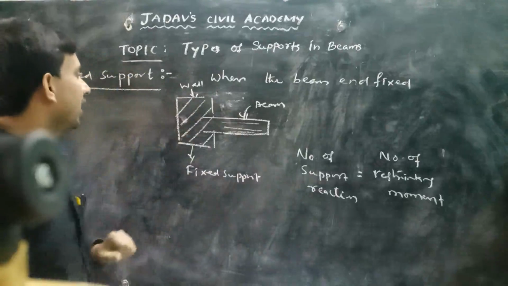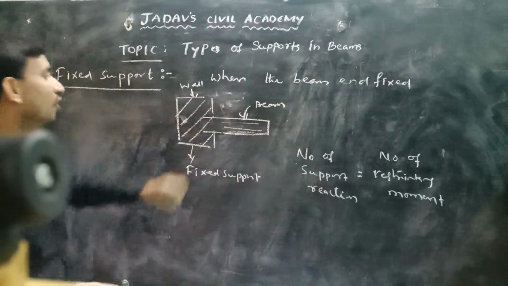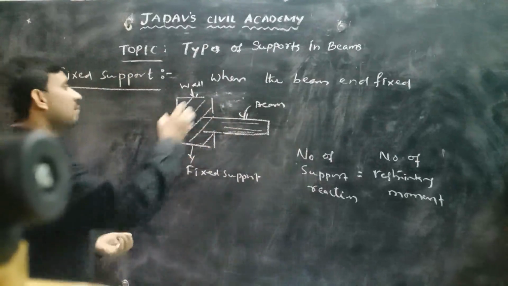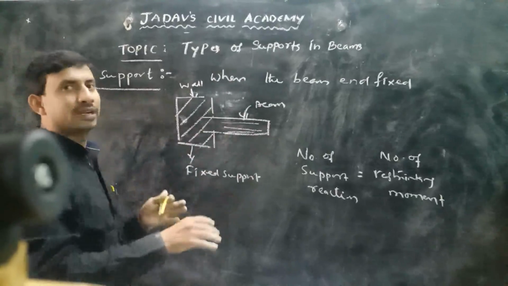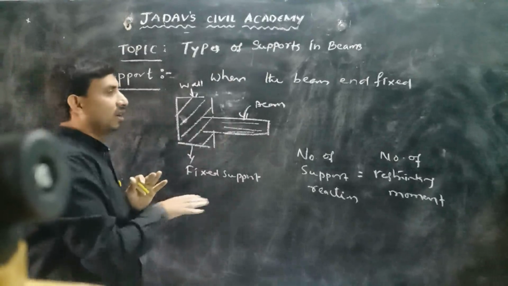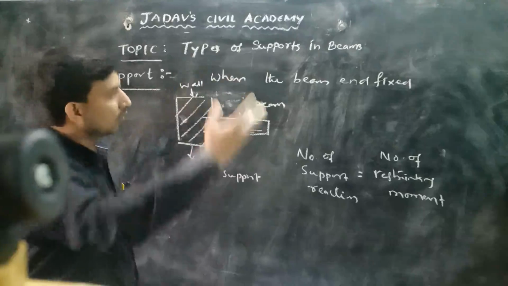Let me explain how many restricted movements there are in this fixed support. The name itself indicates that it is fixed. So we don't have movement in any direction. We don't have movement in the horizontal direction, we don't have movement in the vertical direction, and we don't have a rotation.